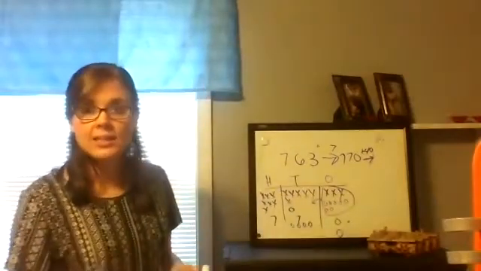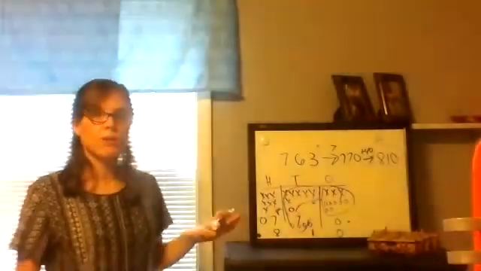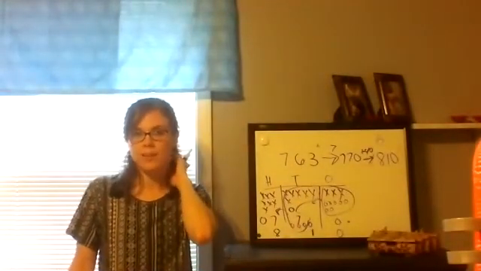I can count out 10 tens and know that that makes 100. 1, 2, 3, 4, 5, 6, 7, 8, 9, 10. I'm going to circle them, move them over. And so now I have 1 ten left. And I have 1, 2, 3, 4, 5, 6, 7, 8 hundreds. My new number is 810.